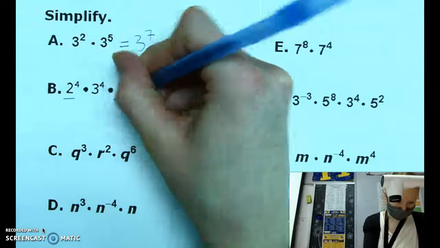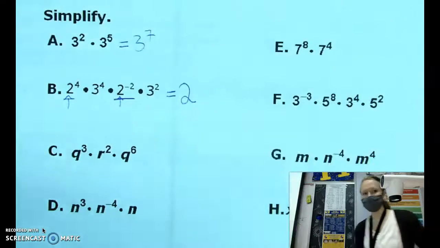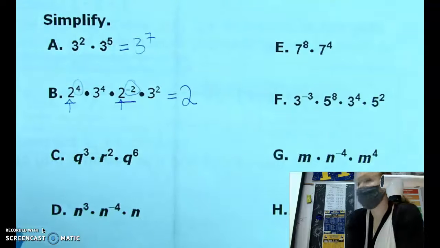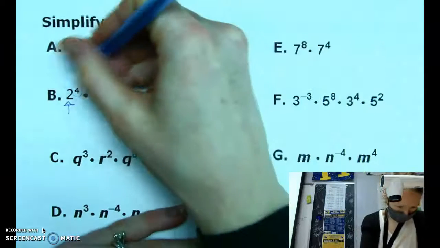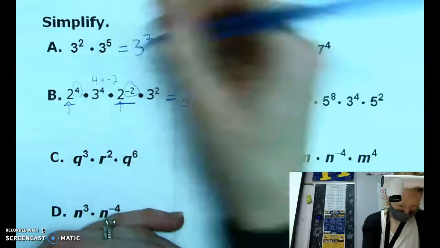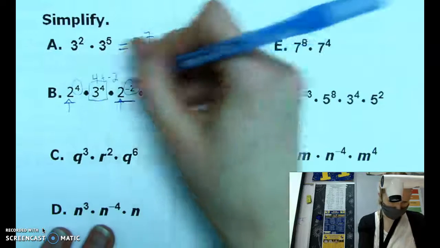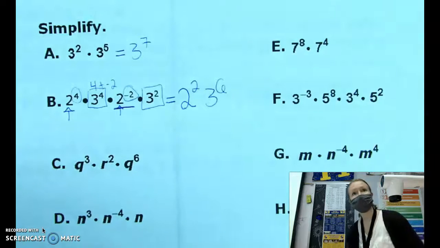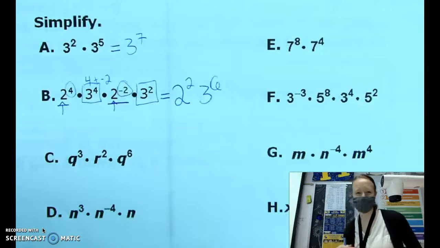So if we're looking at base 2, how many 2's do I have? 4 plus negative 2 gives me 2. I'm doing 4 plus negative 2. And then for my 3 to the 4th and 3 squared, I have a total of 6 3's. These numbers are going to be ginormous, so I'm not going to actually expand them. We'll just leave it like it is.